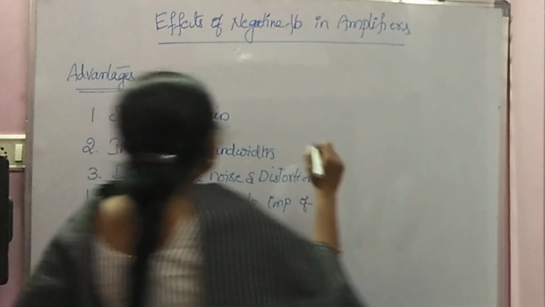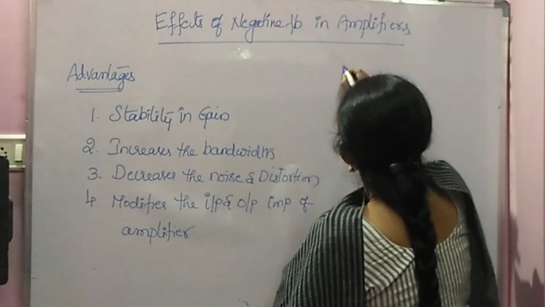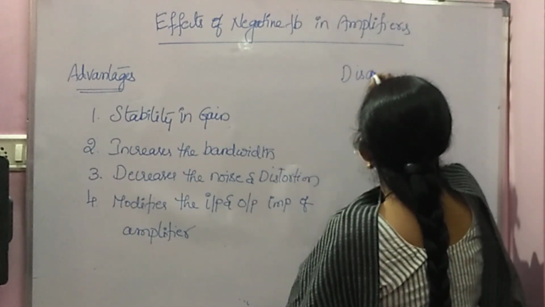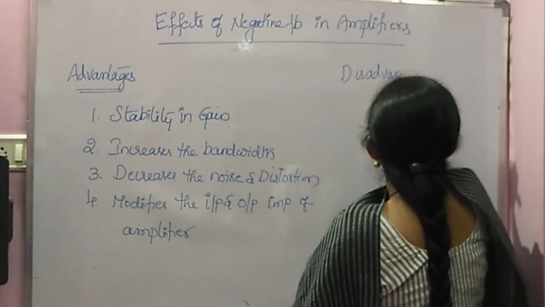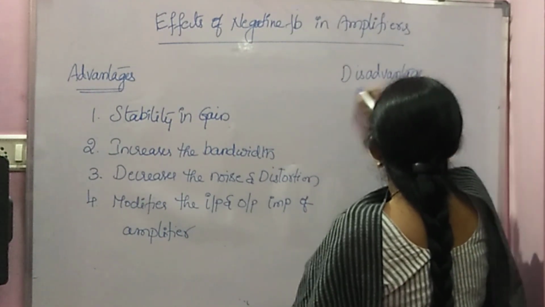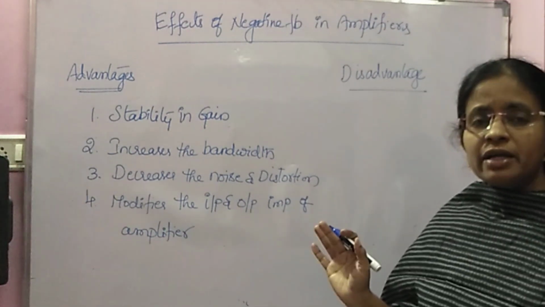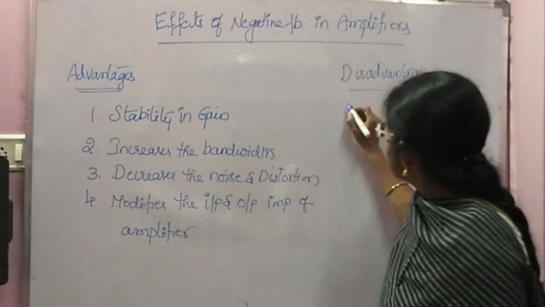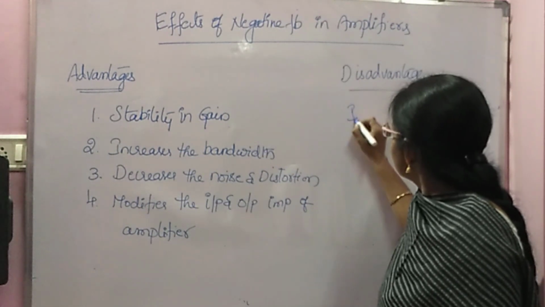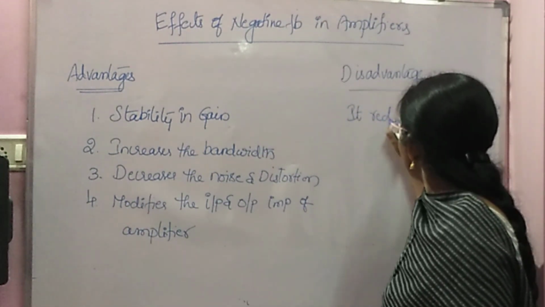What is the disadvantage? The one and only disadvantage of a negative feedback amplifier is that it reduces the gain.